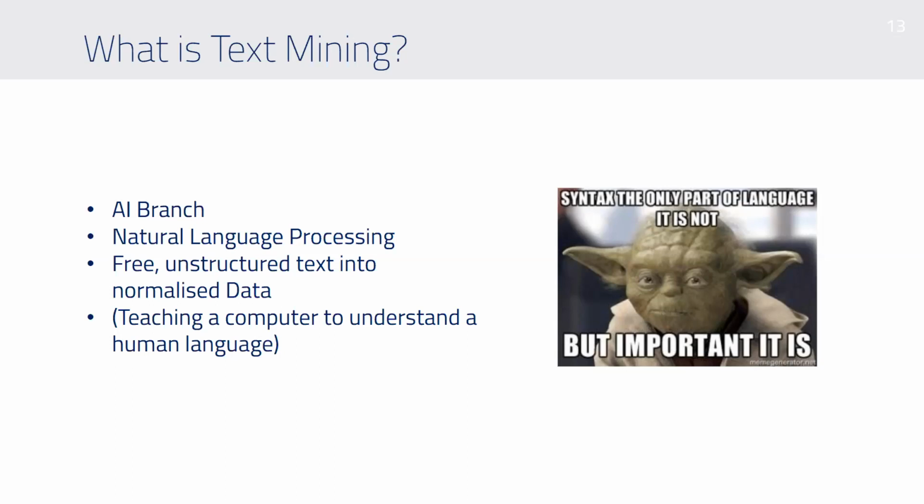So in short, in normal English, it is basically teaching a computer to understand the human language. And on this, I want to add that a language is so much more than just words in sequence. For example, the Yoda picture makes it very clear that syntax is also a very important part of our language.